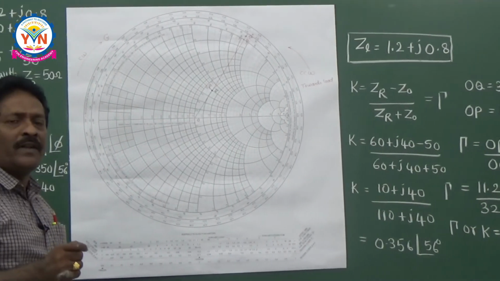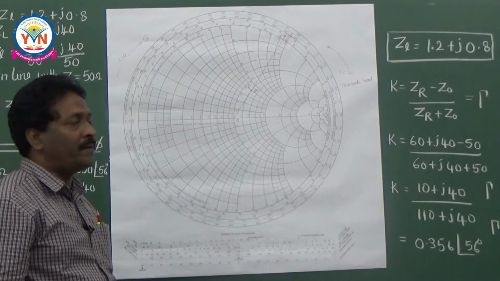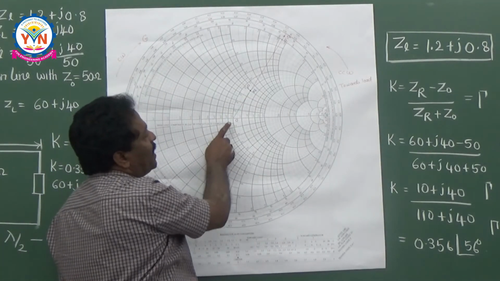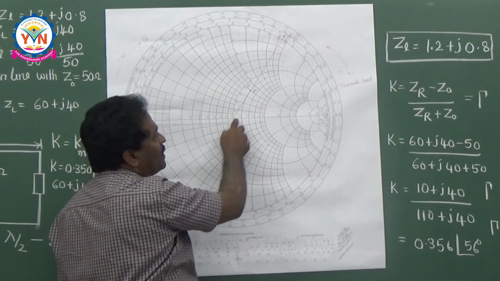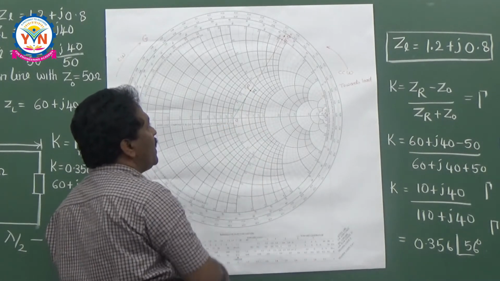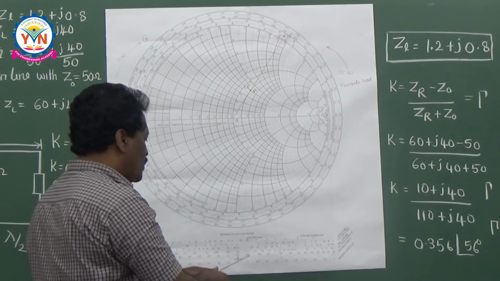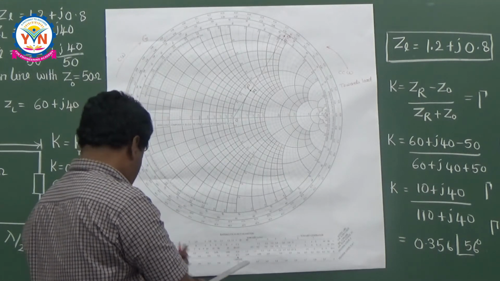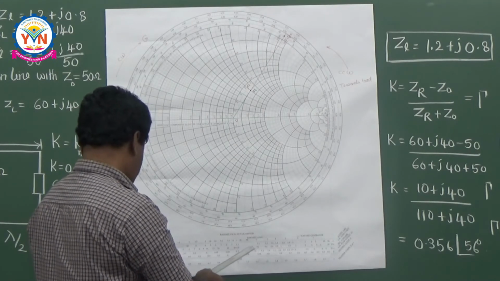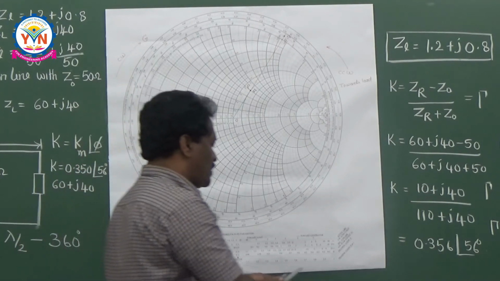The very first thing is you have to identify the point on the chart. Once you get the reflection coefficient here, then draw the circle taking OP as the radius. Take a compass for this and do this, and definitely you are going to get the values here. So how to do this?